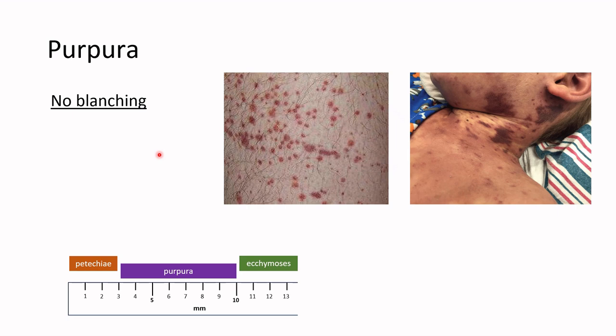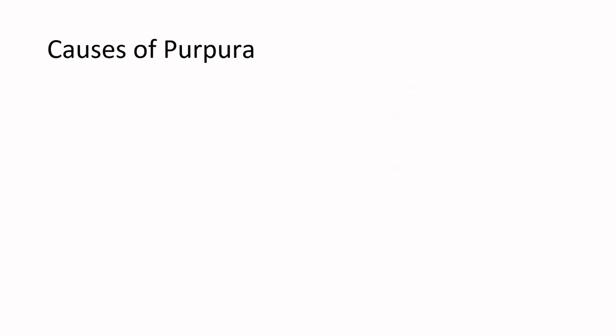In contrast, for purpura, it's not just a widening of blood vessels, but actually a bleeding into the skin, so the blood leaves the capillaries, and not just the blood plasma, but the cells as well, the erythrocytes. And now if you press on this, you're not going to be able to press those erythrocytes back into the capillaries, hence purpura is non-blanching.